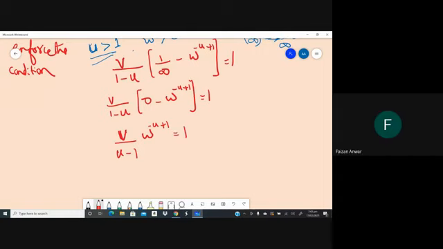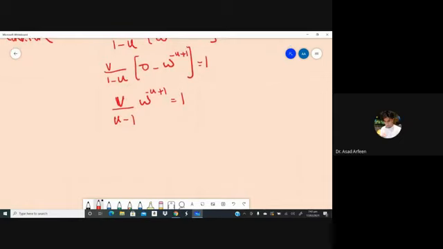Is it okay? Yes, sir. Okay. And then what I do is I need to make v separate. V is equal to, I take it on the other side, v into w minus u plus 1 is equal to u minus 1. Is it okay now?